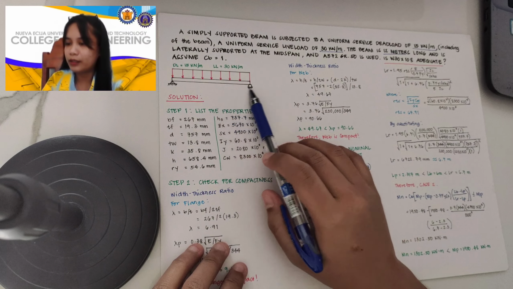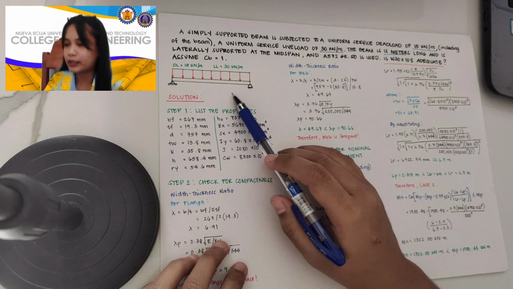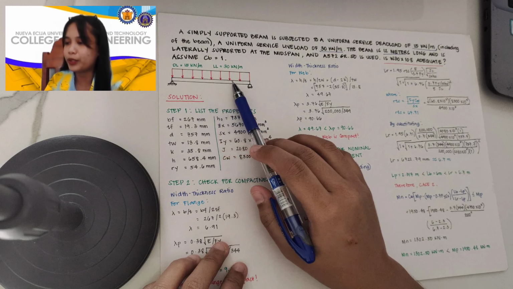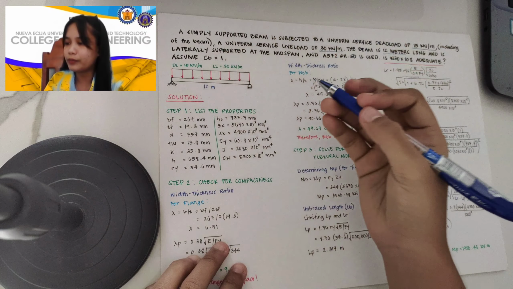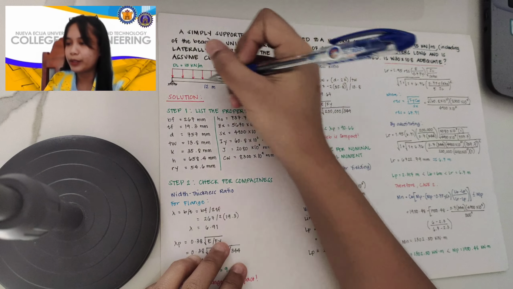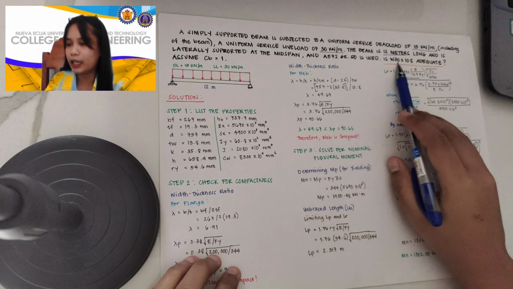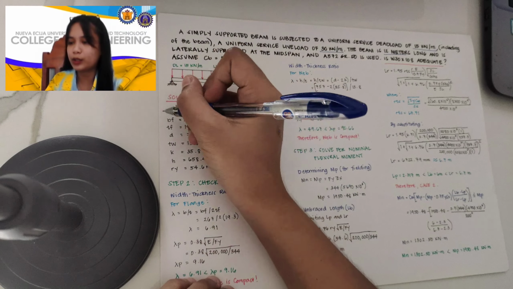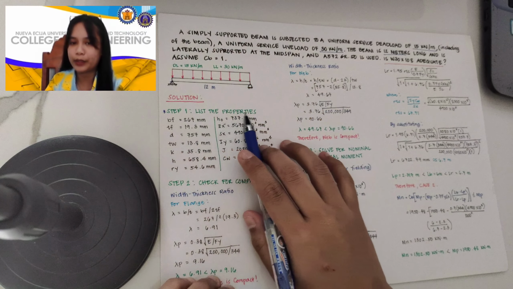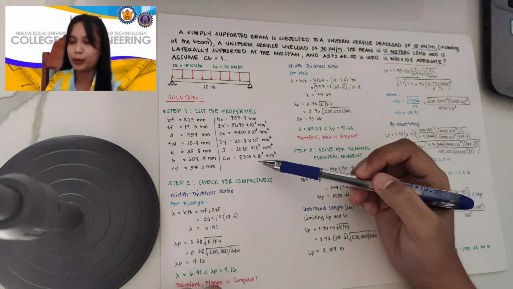So based on the figure, nakikita natin, the length of the simply supported beam is 12 meters long. So to determine if the W30 by 108 is adequate, the first step is to list the relevant properties of the given steel. So same lang sa ating problem number 1 kanina.